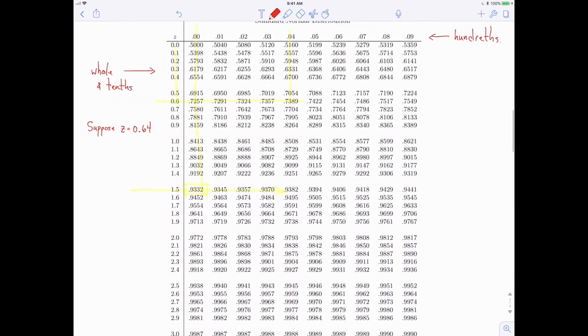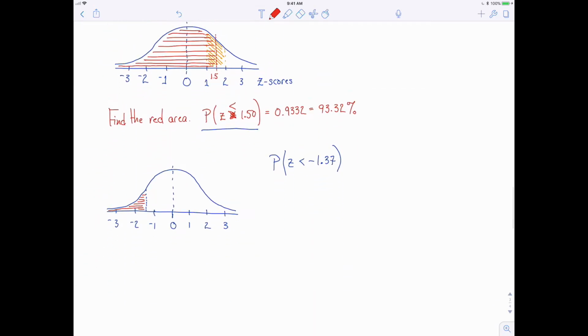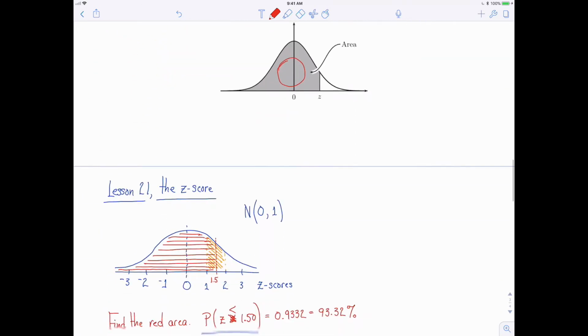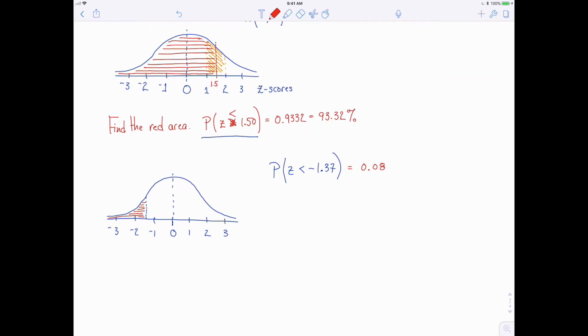And so then I can come all the way back down here, and I could say 0.0853, or if you wanted as a percentage, this would become 8.53%.